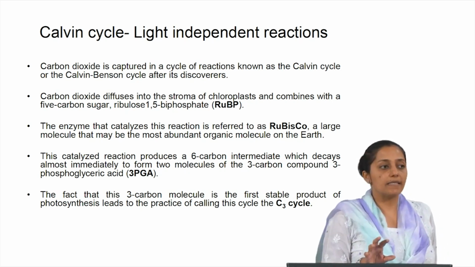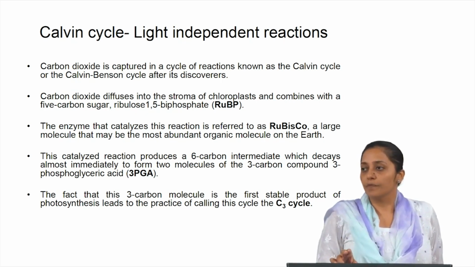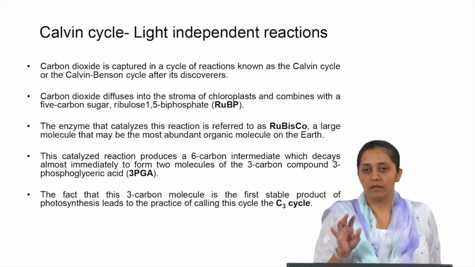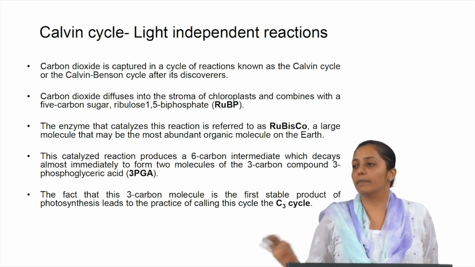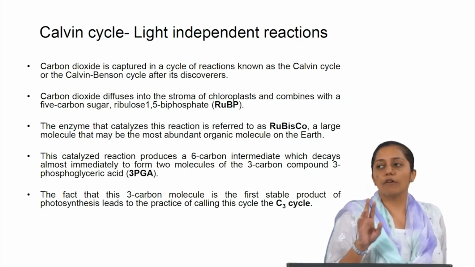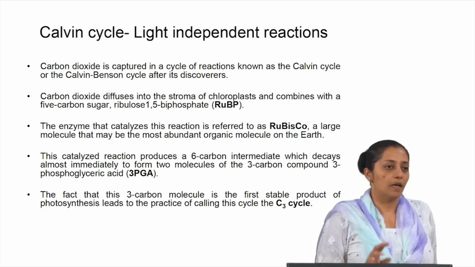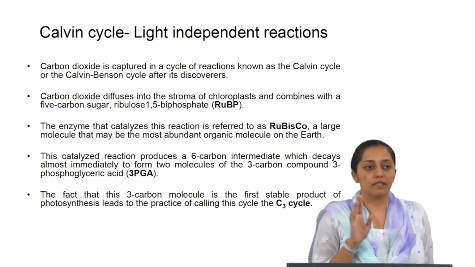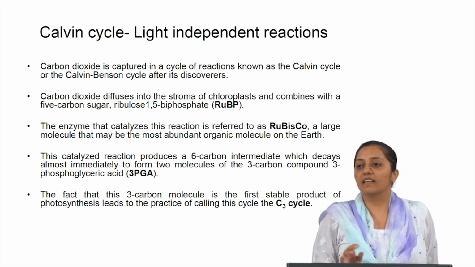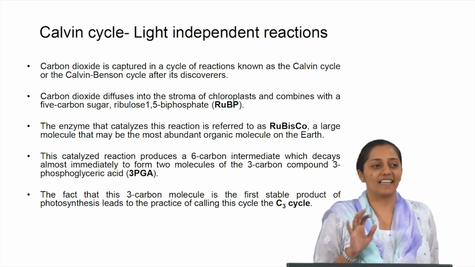This enzyme combines the two to give you an unstable 6 carbon molecule which immediately breaks down to give you two stable molecules of phosphoglyceric acid. Because these are the first stable products of the Calvin cycle, this cycle is also called the C3 cycle.